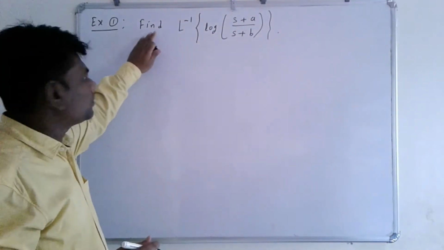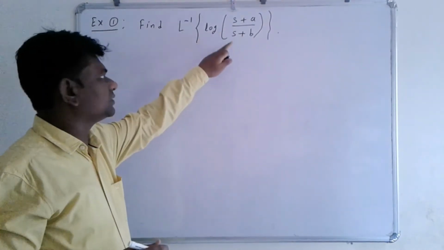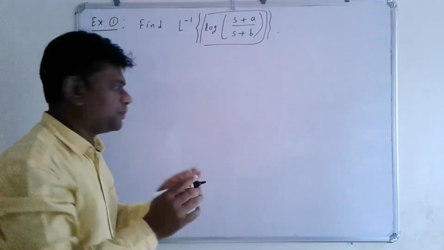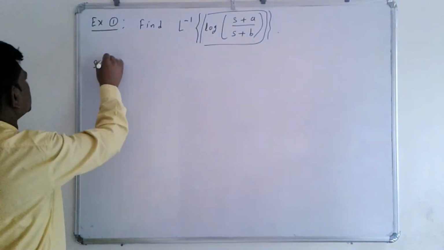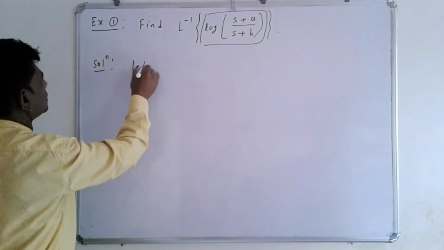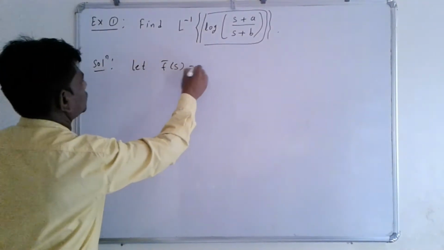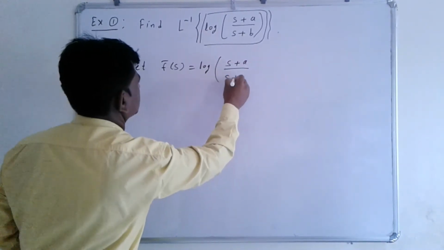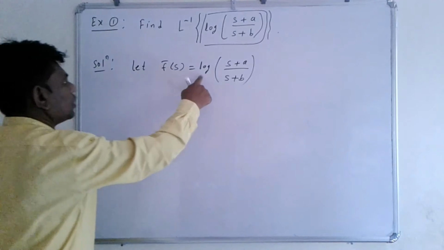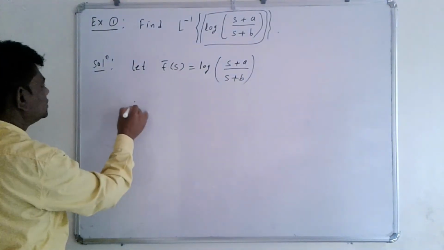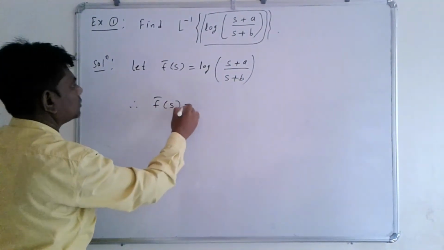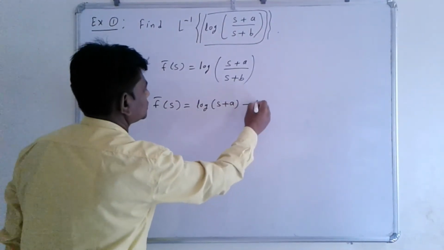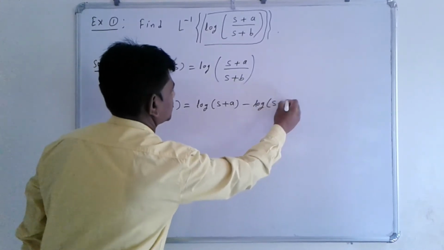Now example 1, find inverse of log of s plus a upon s plus b. Now this given function is denoted by f bar s. Let this f bar s is equal to log of s plus a upon s plus b. Now log of s plus a upon s plus b is equal to log of s plus a minus log of s plus b.